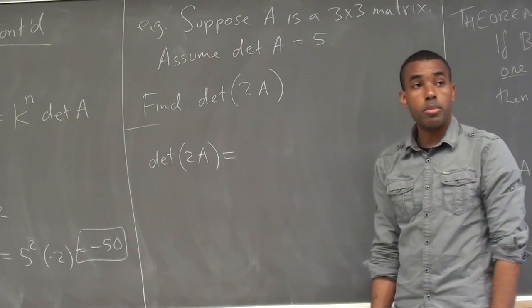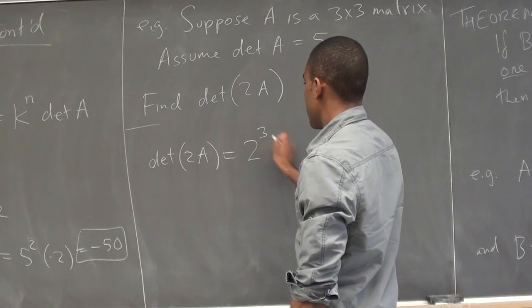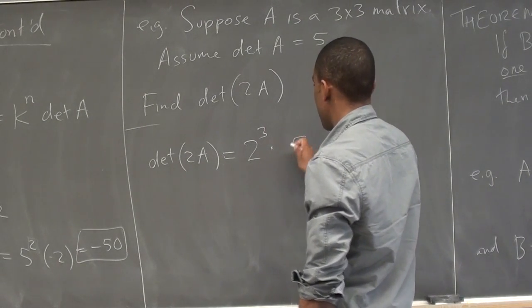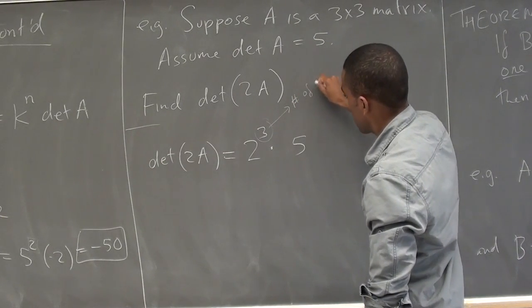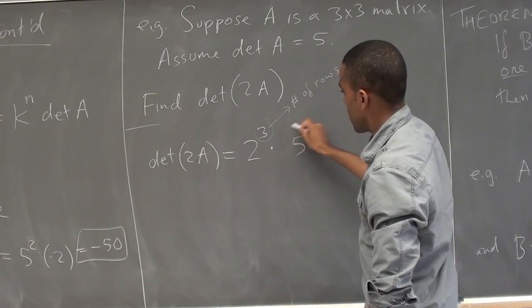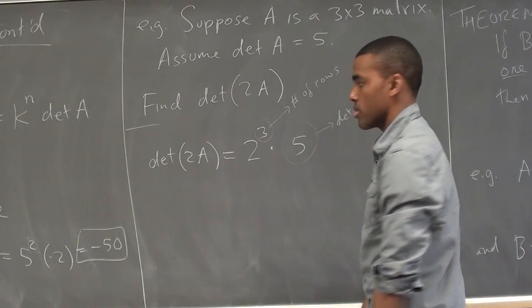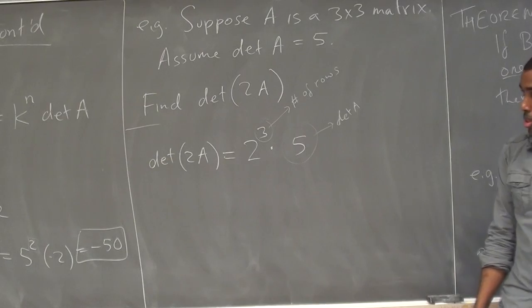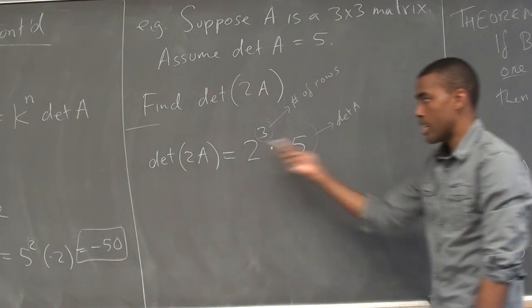Tell me the intermediate steps. 2 to the third is 8, times 5. 2 to the third times 5. This here is the number of rows. This here is the determinant. According to this formula, it's the scalar raised to the number of rows times the original determinant, and that's what we're doing here.